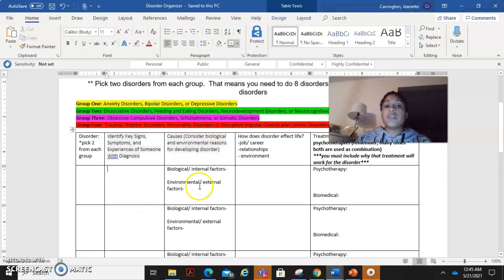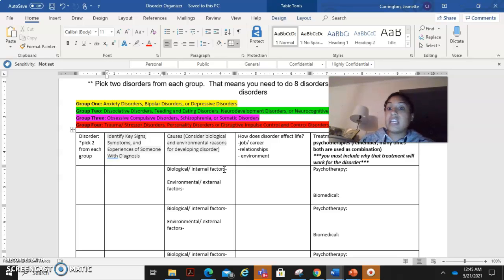Next, you're going to go to causes. Remember, what are the biological internal causes of panic disorder, and what are the environmental factors that cause panic disorder? Like not having a stable childhood, and so you're overly cautious.